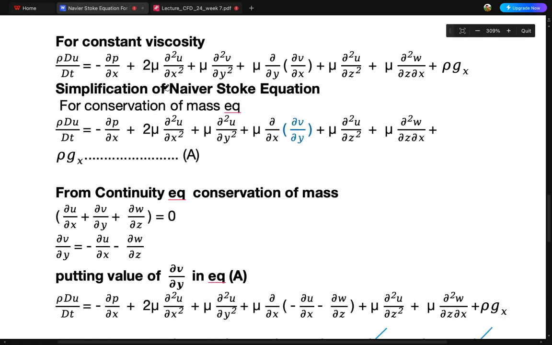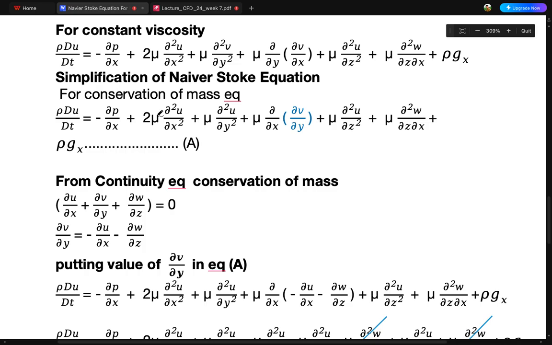Simplification of the Navier-Stokes equation from conservation of mass. The conservation of mass equation we can write here. We replace it as partial u upon partial x and partial v upon partial y. Here we get it as equation number a.